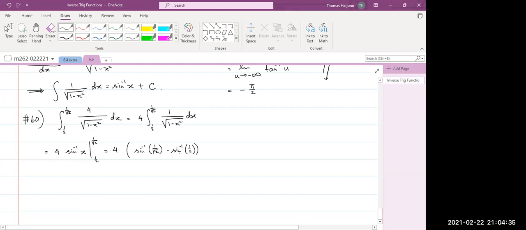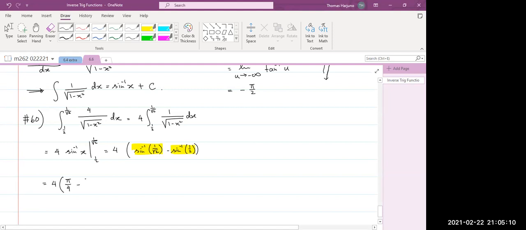Now you tell me, what is sine inverse 1 over radical 2? If you don't memorize these special numbers, then you will have a very hard time in this course. You need to memorize this. Okay? So sine inverse of 1 over radical 2 is pi over 4.